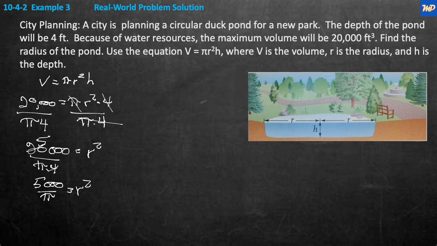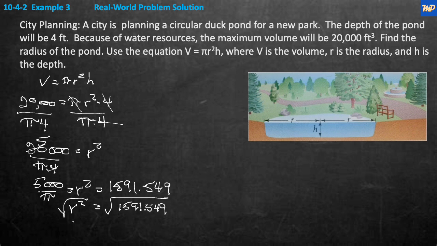Now, what is 5,000 divided by pi? 5,000 divided by pi is equal to 1591.549. That's close enough, I guess. And we're going to take the square root of both sides. So r squared, square root thereof, is equal to the square root of 1591.549, and that equals r.